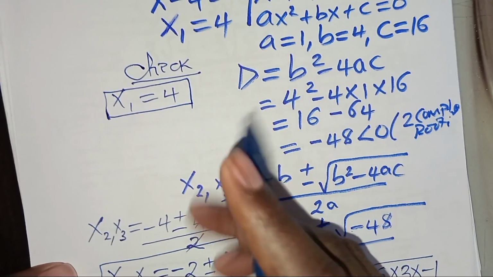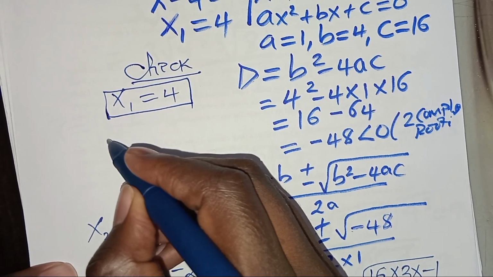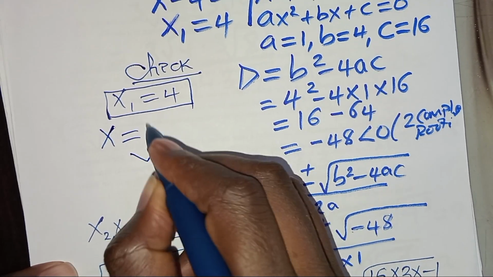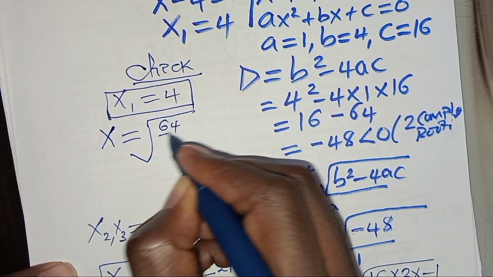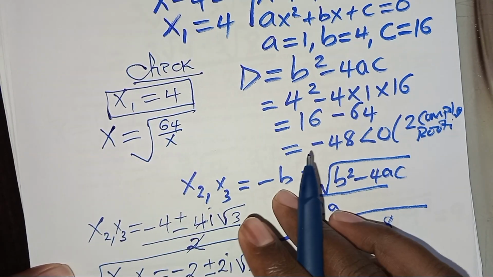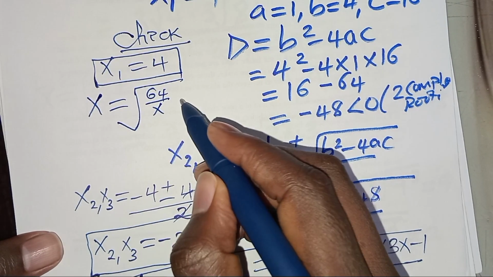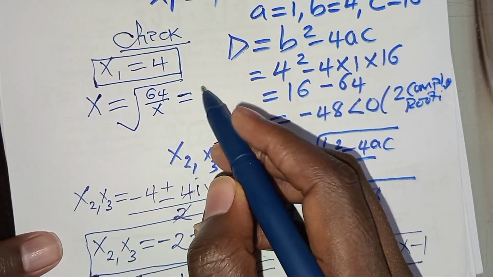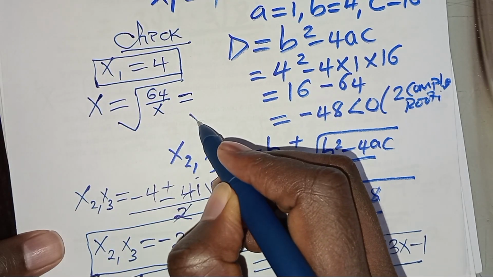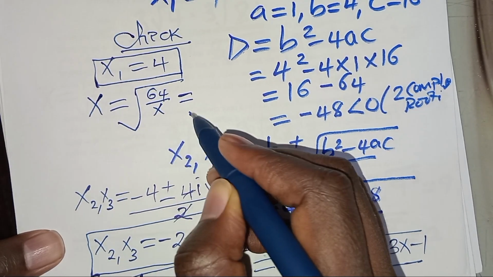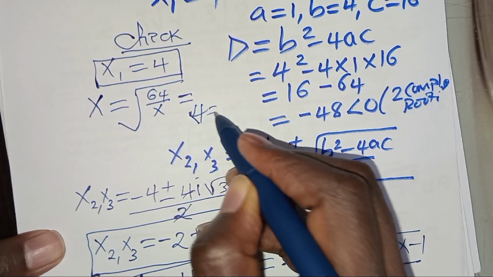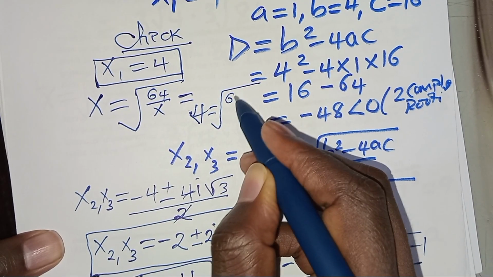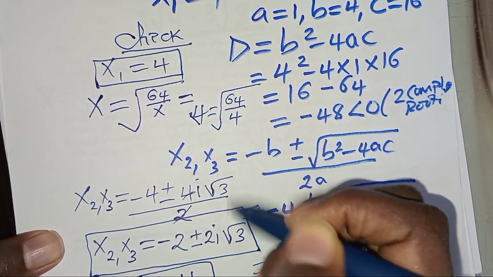Now, if you recall, we had that x is equal to the square root of 64 divided by x. Substituting the value of x, we'll have x, which is equal to 4, equal to the square root of 64 divided by 4.